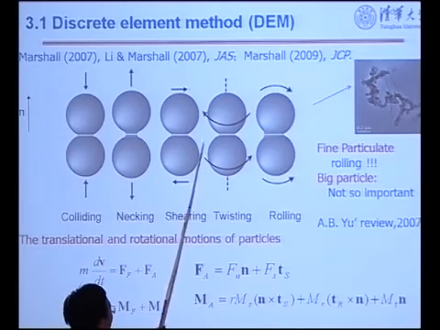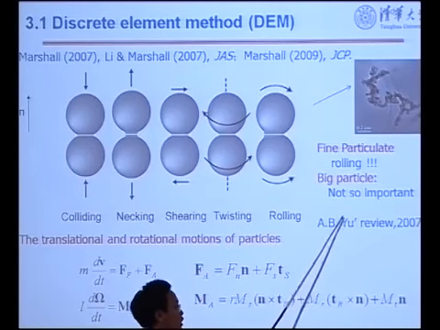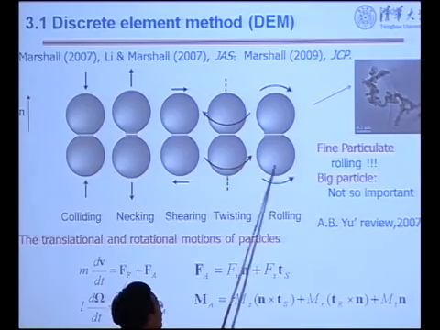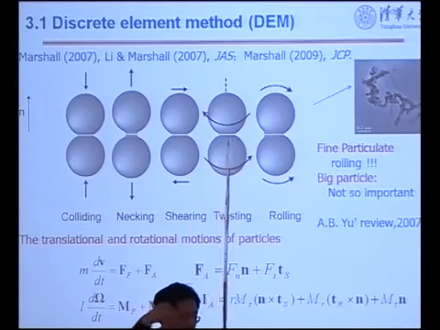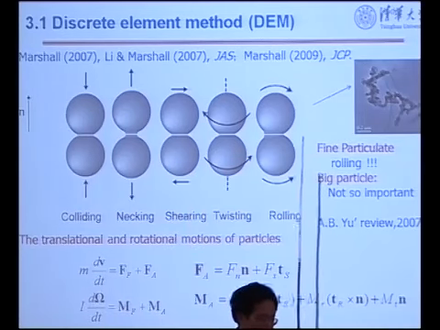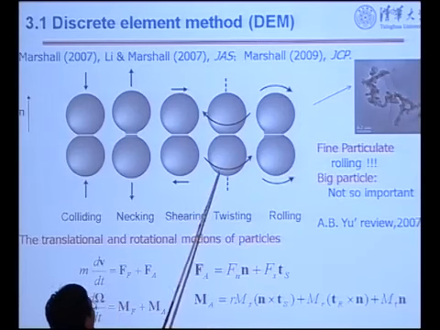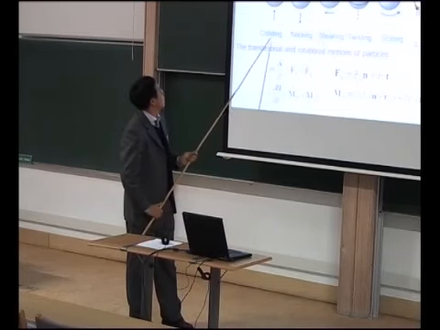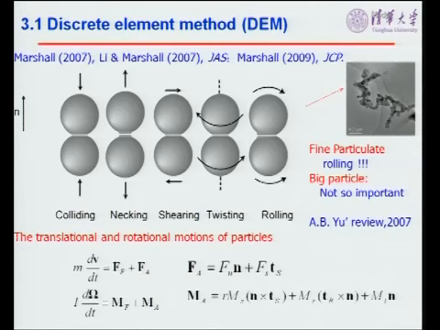Sorry. And this is our previous work for DEM for microparticles, because of colliding, necking, shearing, twisting and rolling friction. But for big particles, according to some experts like Abu, who is an Australian expert on DEM, rolling friction and twisting friction for a dynamic system like a drum are not much.